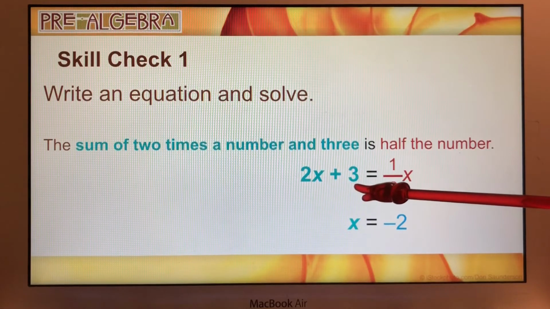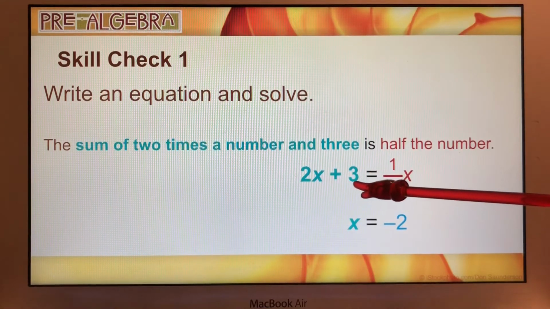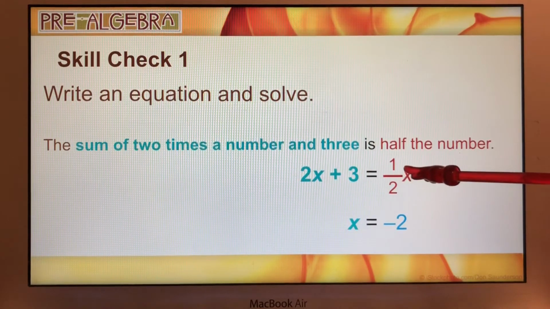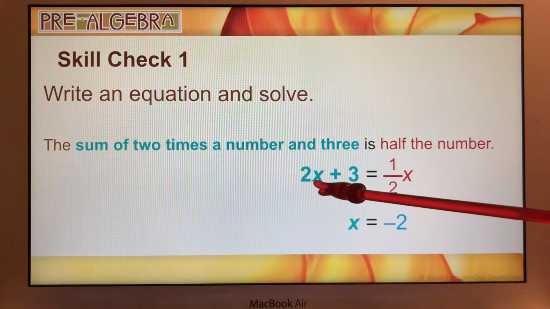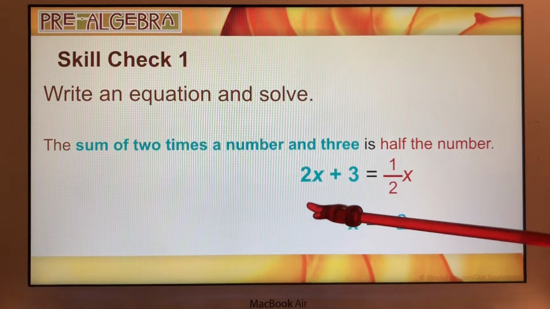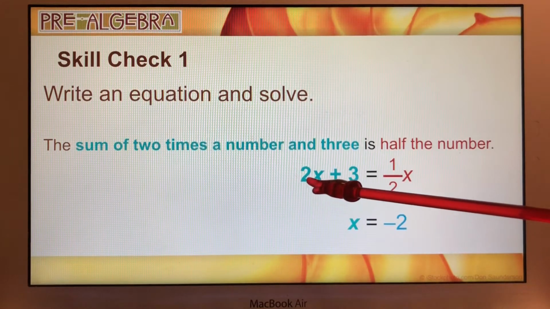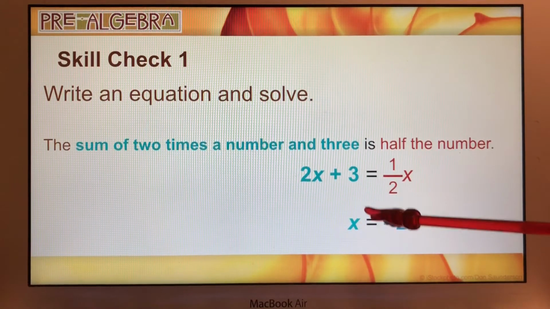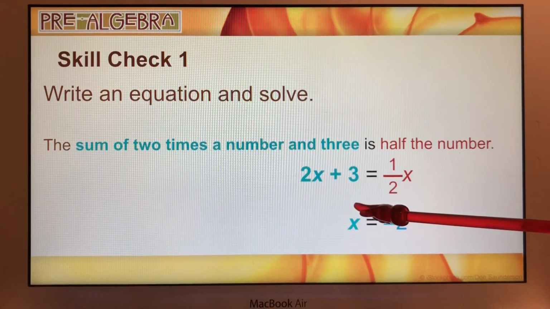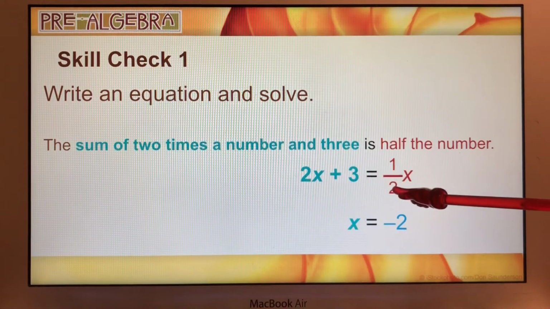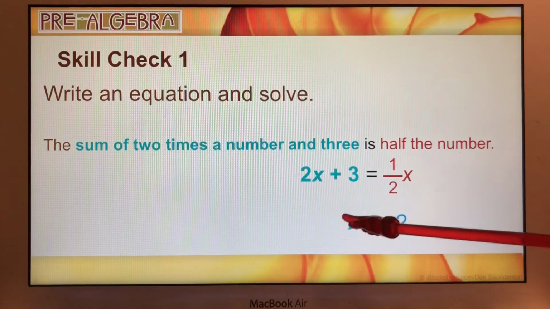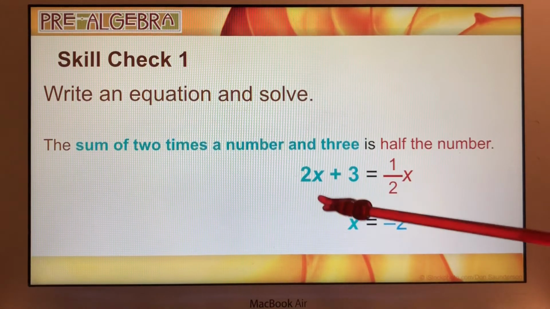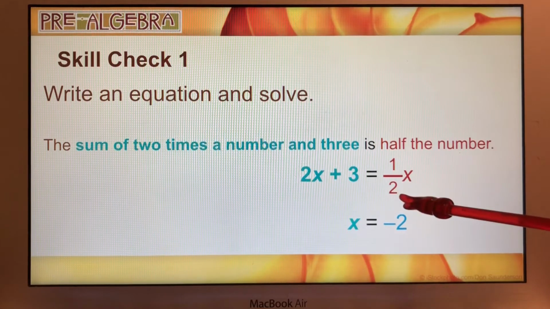You could do this several ways. Okay, you can next subtract 3 from this side. And then the 1/2 x, subtract this also and bring it back over here. And then you're going to end up with 2x minus 1/2 x is equal to -3. And you can multiply by 2 to eliminate the fraction. Or you can have 2 minus 1/2.